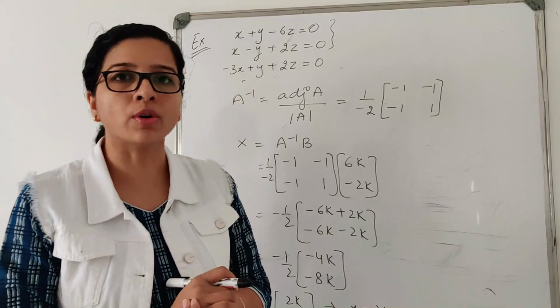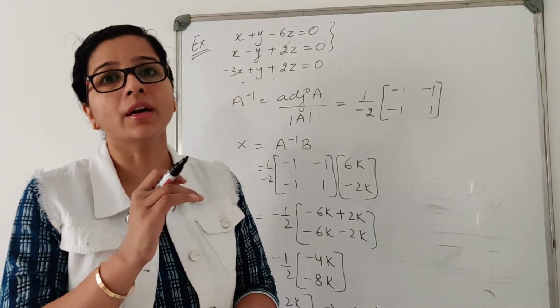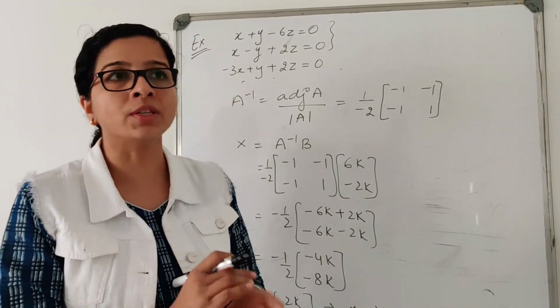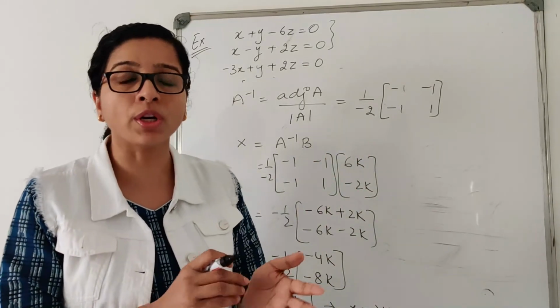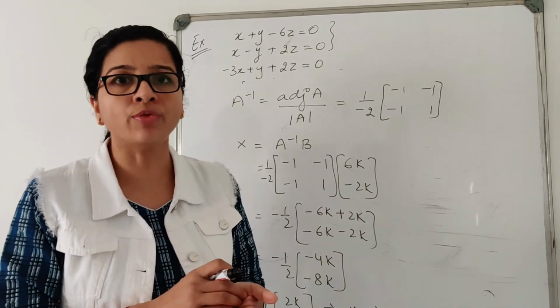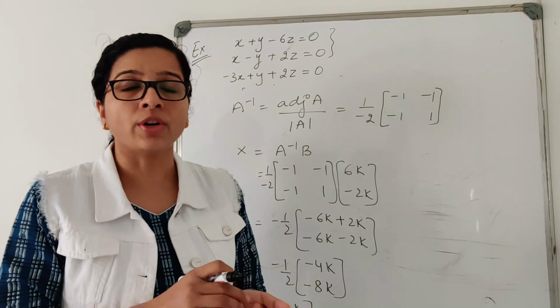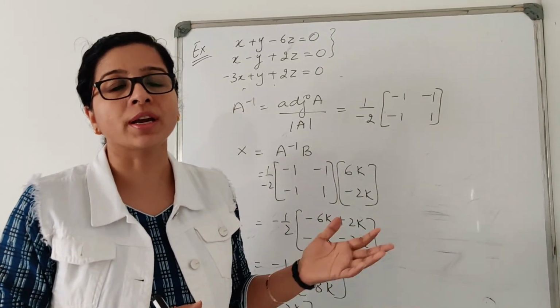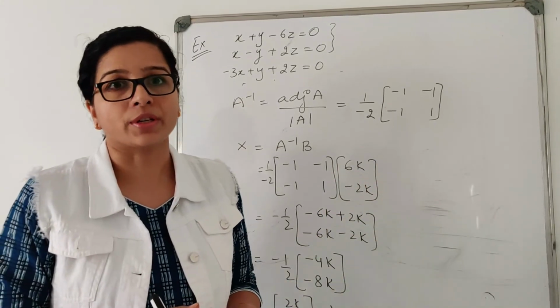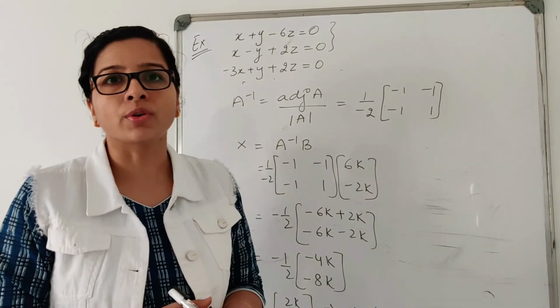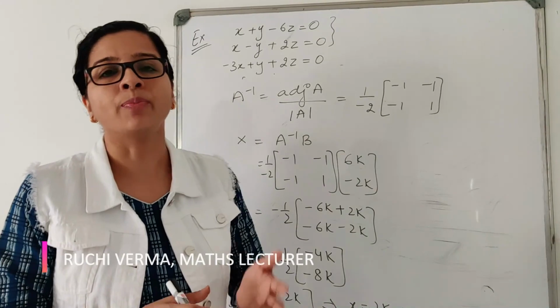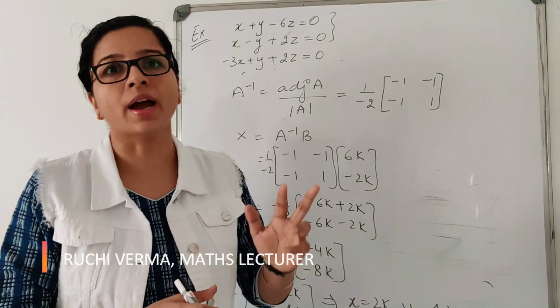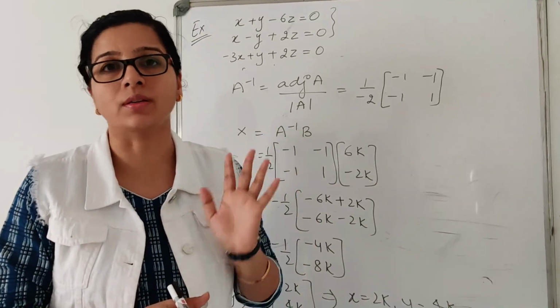Whenever we are talking about a homogeneous equation and you have a singular matrix, meaning the determinant of A is equal to 0, what are you supposed to do? You have to find adjoint A into B, which is obviously equal to 0 because adjoint A will be a non-zero matrix and B is your null matrix, right? After that, what are you going to do? Assume z is equal to k, make two equations in x and y, and solve using the matrix method.